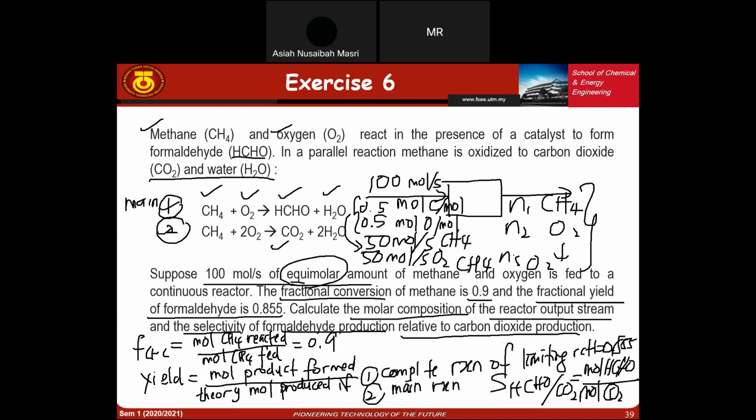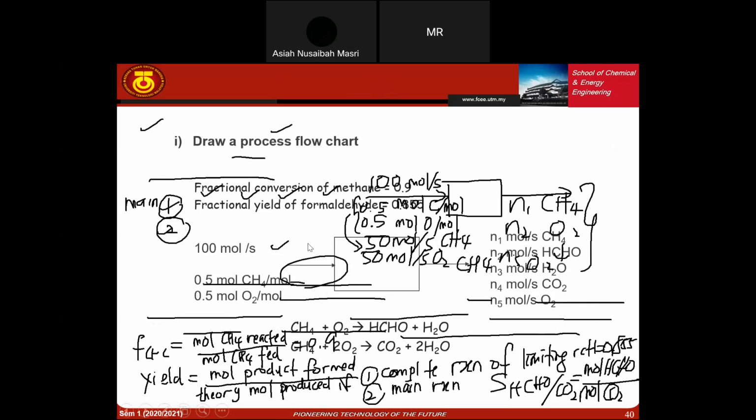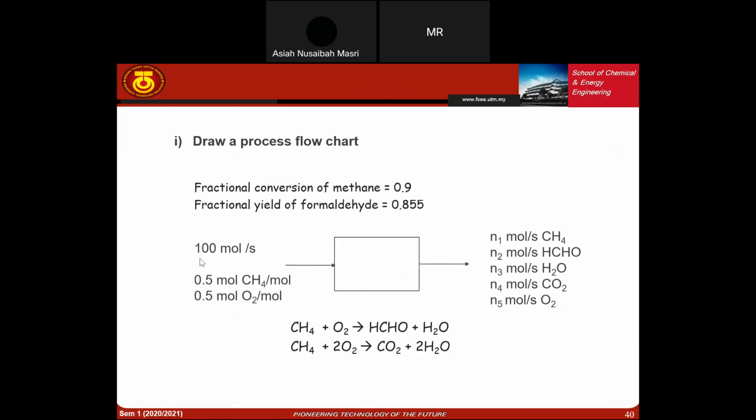So let's go to the next slide. Now I have drawn the flow chart previously.